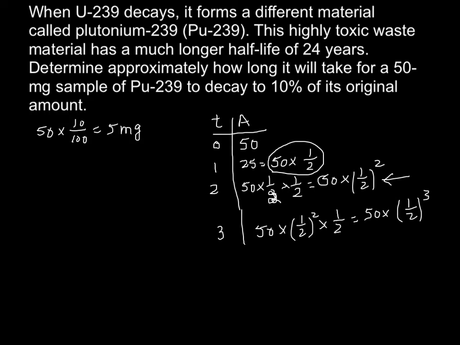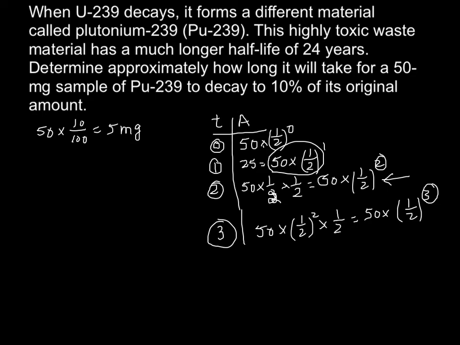Now if we look at these numbers on the left and right, you can see when the half-life count is 3, you have exponent 3. When it is 2, the exponent is 2. When it is 1, the exponent is 1. And here, this is really half exponent 0.